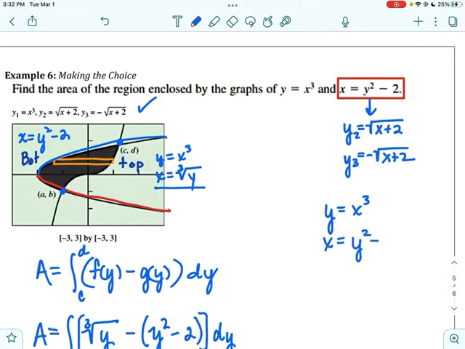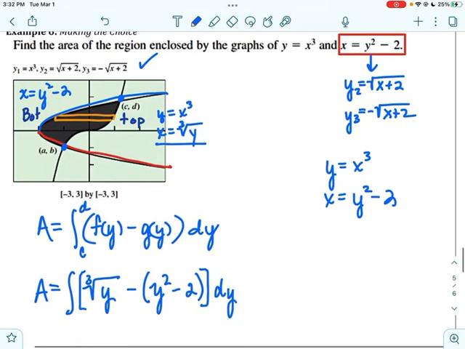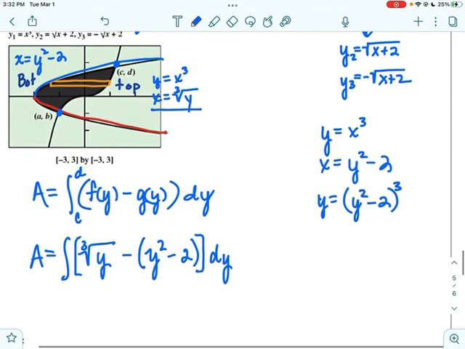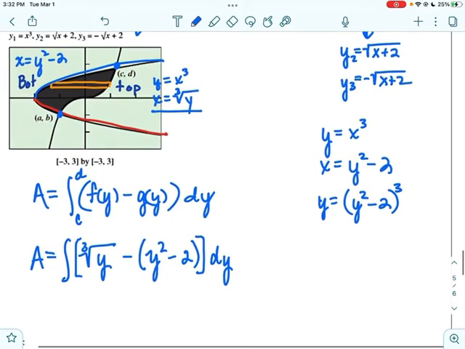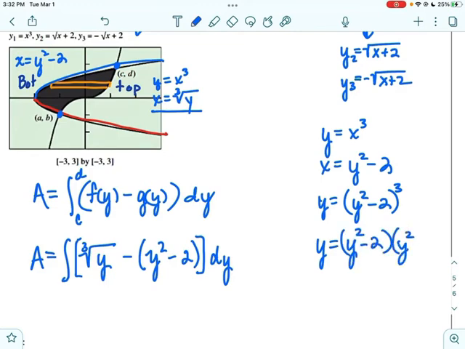So what you could do is substitution, where you have y is equal to y squared minus 2, cubed. Then we end up with y is equal to, what are we going to have? I'm going to just multiply them through: y squared minus 2, and then another y squared minus 2, right?